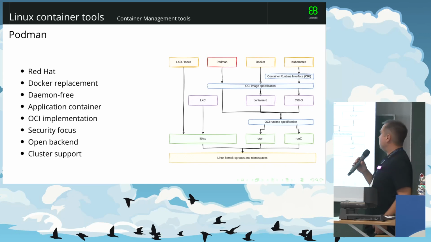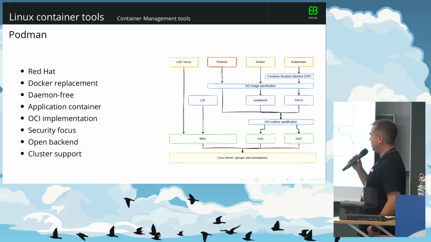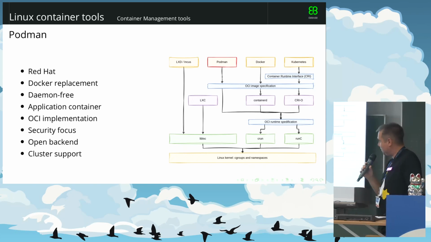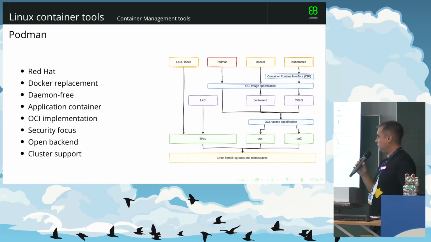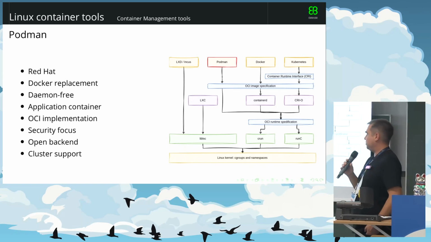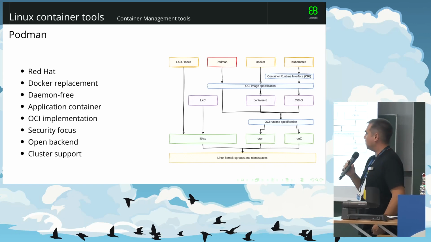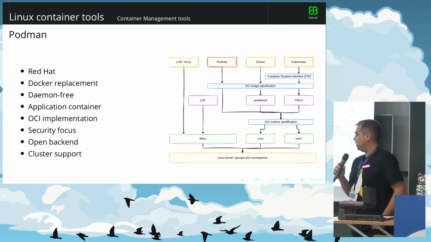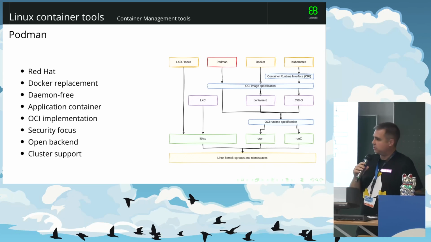Good. Then, with the success of Docker, Red Hat wanted to have its own similar thing and started to develop Podman. Podman is developed by Red Hat. It's intended as a drop-in replacement for Docker. It's a daemon-free solution, so Red Hat tried to learn from the failures of Docker before.